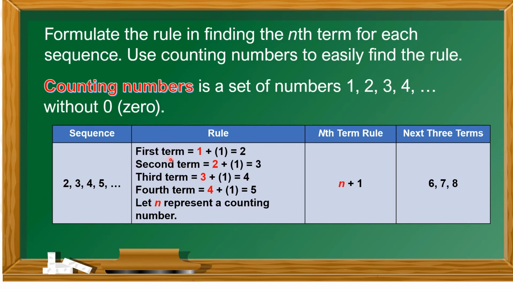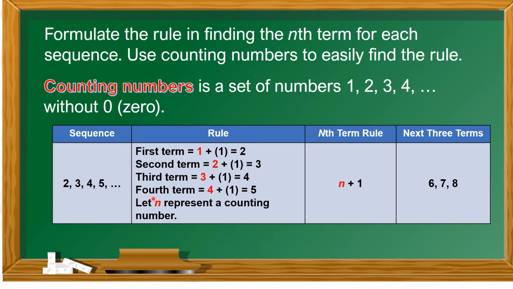For the first term, counting number 1 plus 1 equals 2. Second term, we use counting number 2 plus 1 to get the answer, which is 3. The third term, counting number 3 plus 1 equals 4.